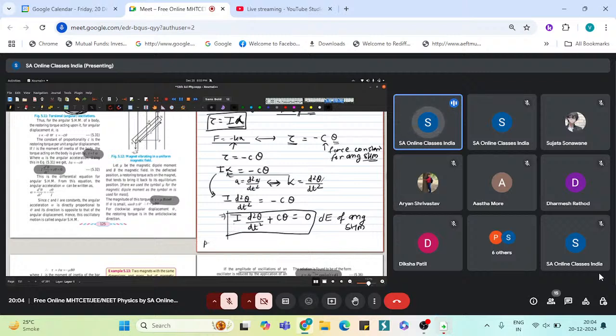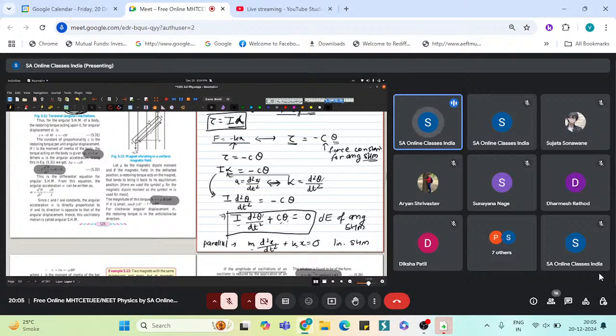And you can draw parallels between this and the linear one, which was m d2x by dt square plus kx is equal to 0 for linear SHM. So you can see how m translates to I, and x translates to theta, and k translates to c.